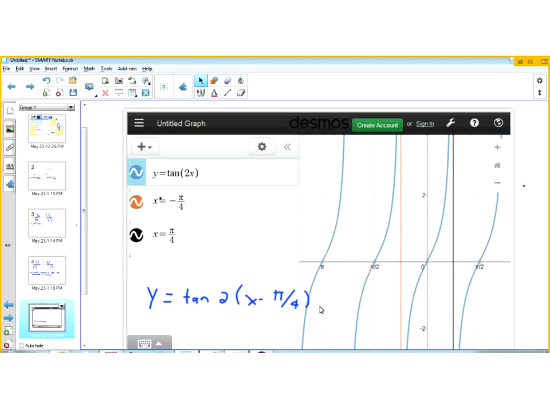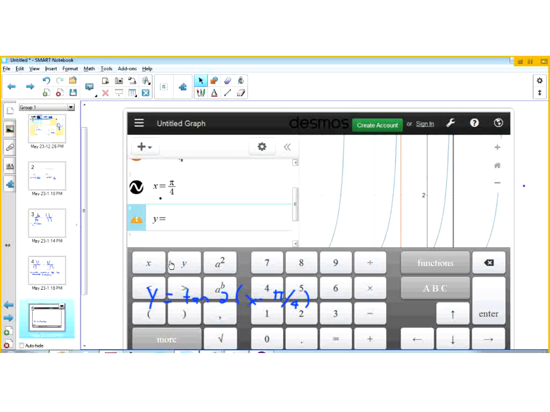Now if we were to shift this to the right pi fourths, when you do a shift of the function, the asymptotes will shift accordingly. So now the y-axis becomes an asymptote, and the line x equals pi halves will become an asymptote. So you can see the impact on the asymptotes.